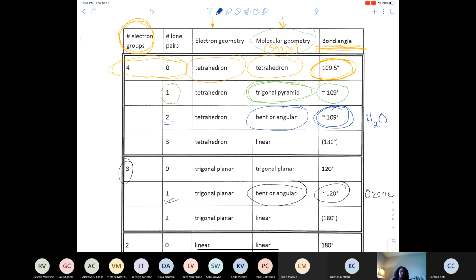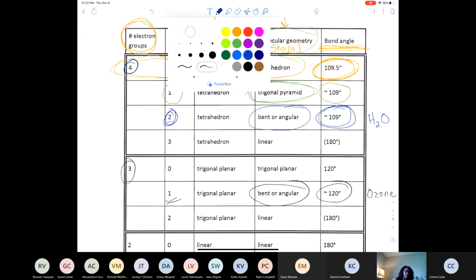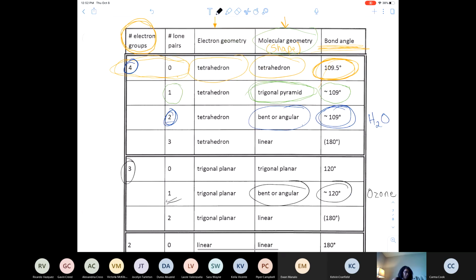So even though they have the same shape, they have different bond angles because water has a total of 4 groups, 2 of which are lone pairs, but ozone only has 3 total groups around its central atom. Both of them have a central oxygen atom. Water's central atom is oxygen.